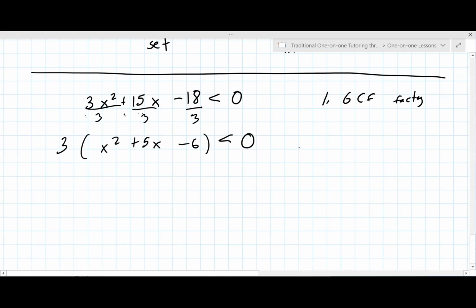So now you need to find two numbers that multiply to minus 6 but add to 5. Take 30 seconds and see if you can figure that out, please.